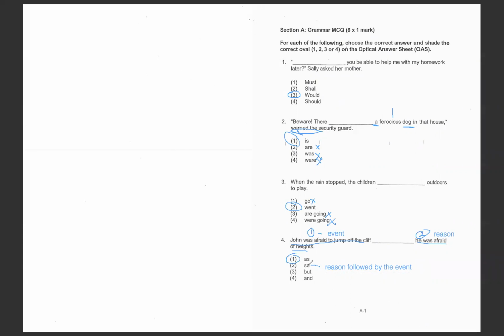Okay, then you have but. You're going to use it for two different things that don't match up. Let me elaborate further. So for example, I'll give you another example. Nicole was hungry, but she didn't eat.